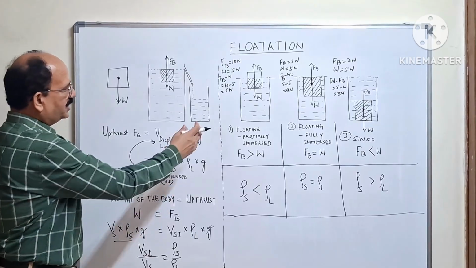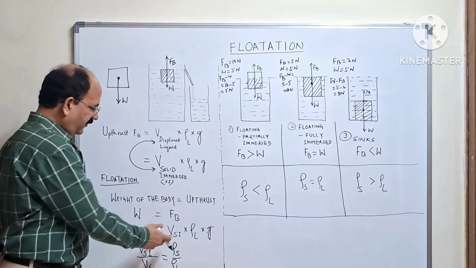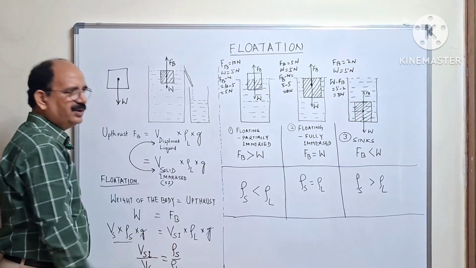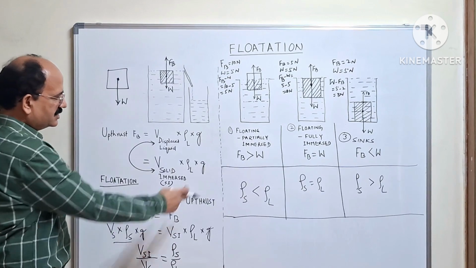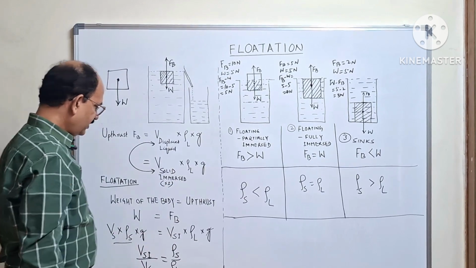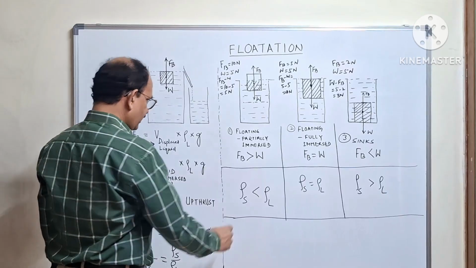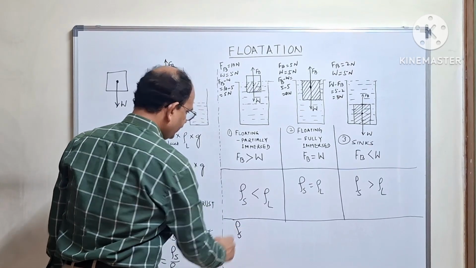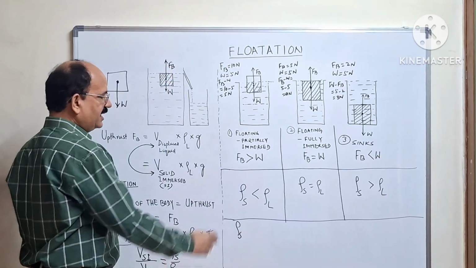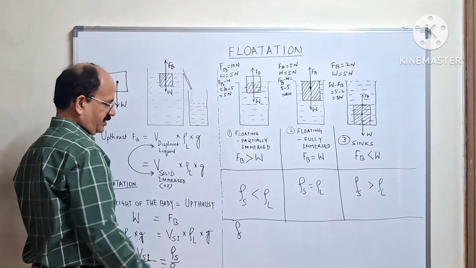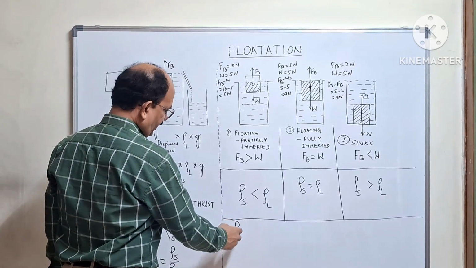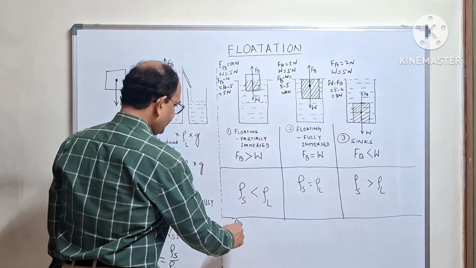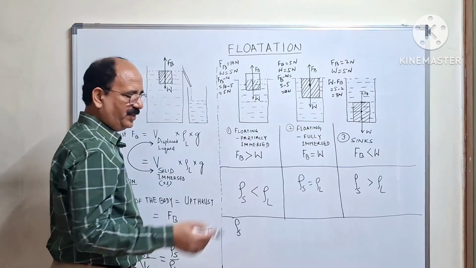Now this entire flotation you can explain in terms of the density of the solid and density of the liquid also. Let's consider this scenario that the density of the solid is less than the density of the liquid. So if that is the situation, then what happens? Let's take some numerical example.